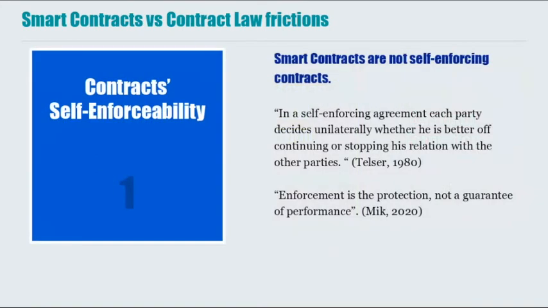So starting with the self-enforceability of smart contracts, as I said, the tamper-proof, unstoppable, and automatic performance are smart contracts' main features. But in my opinion, algorithms perform smart contracts. Algorithms technically guarantee the performance, but they do not enforce them.